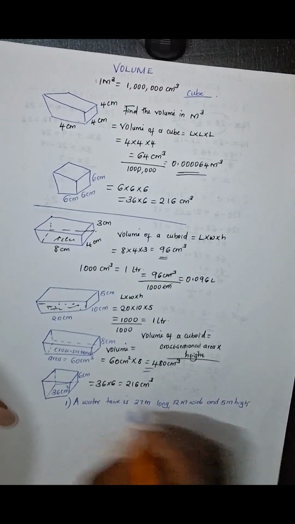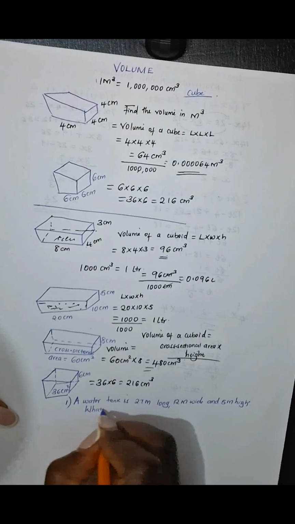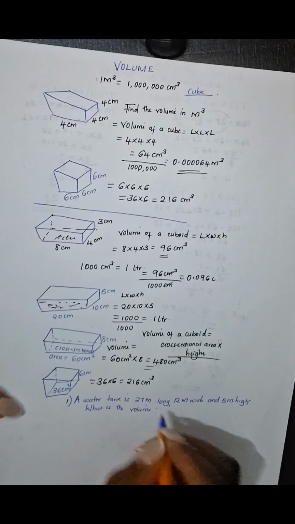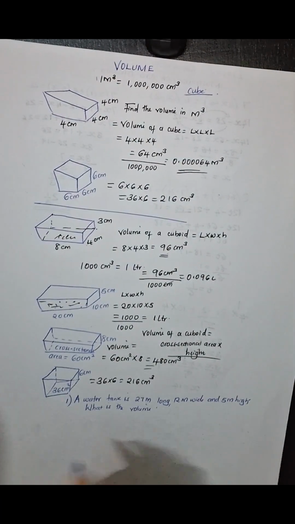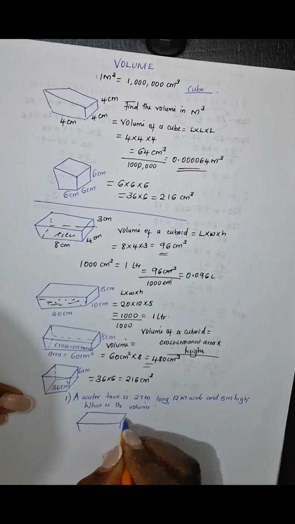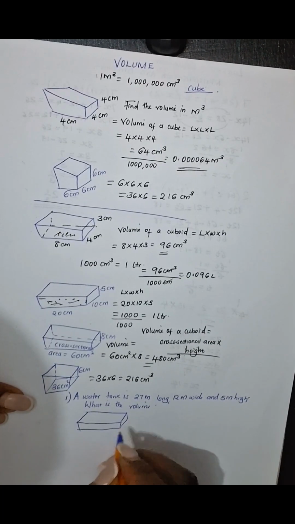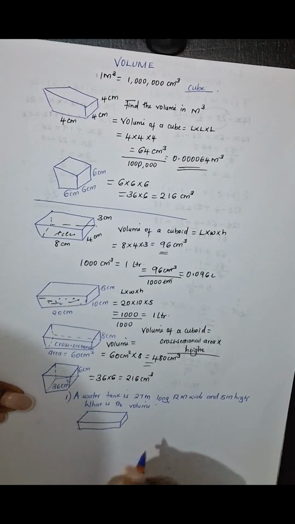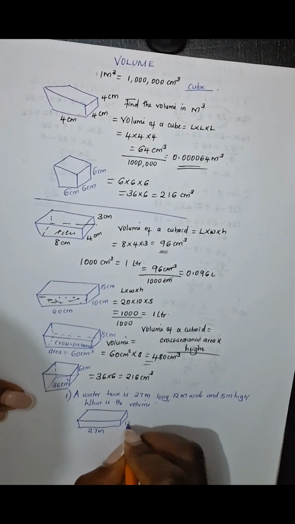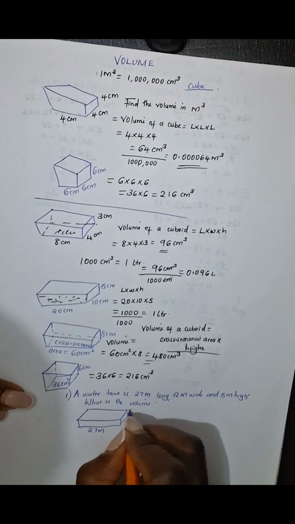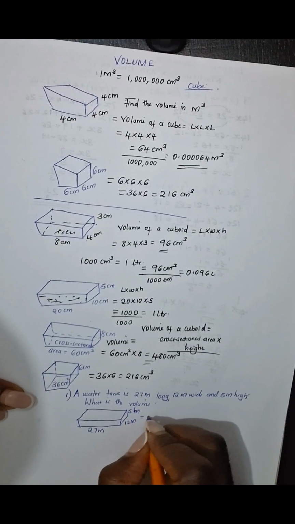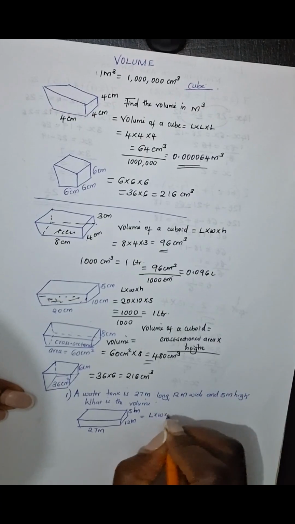Then you are asked, what is the volume? Right? What do you do? I said you draw. This is a water tank. It is a cuboid in nature, right? Remember, I already said if you're brought a cube, all sides should be the same. So you're told that 27 meters long, 12 meters wide, and 5 meters high.